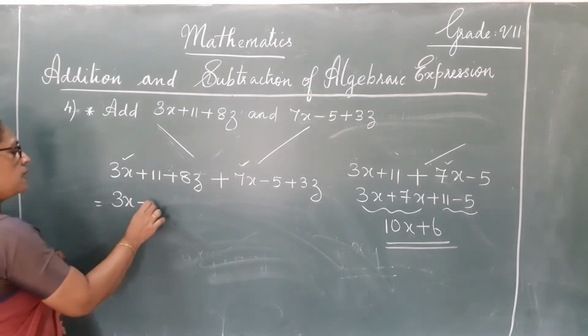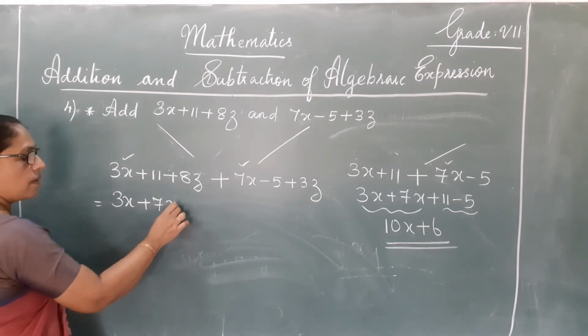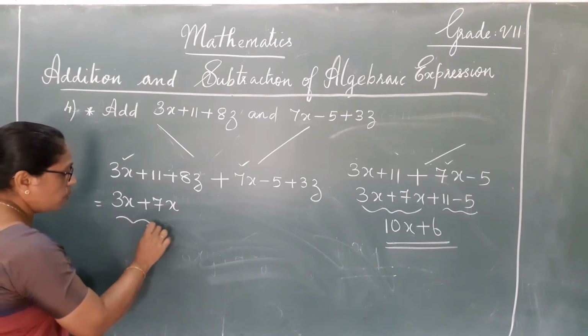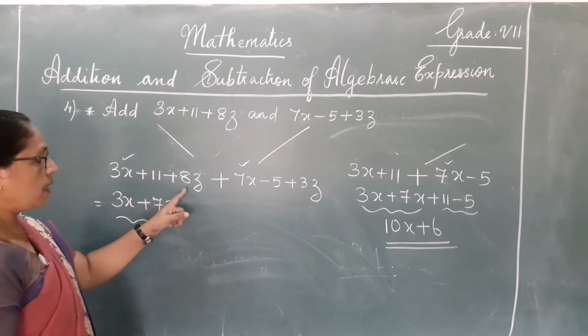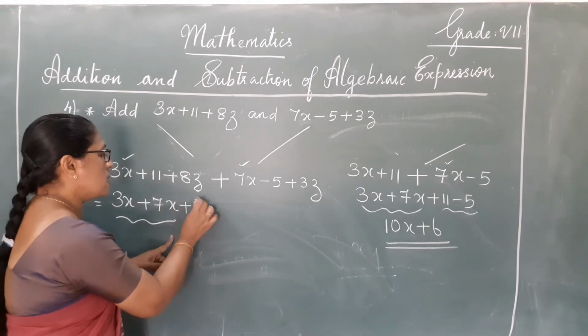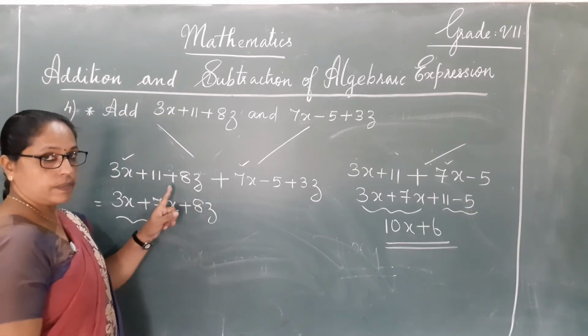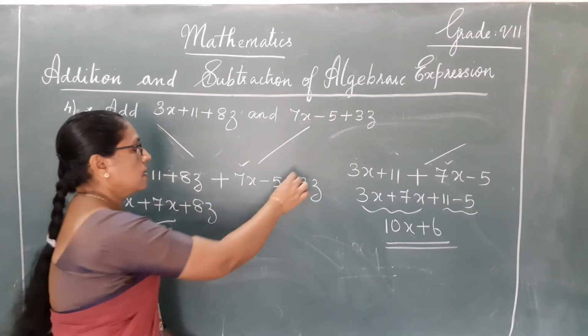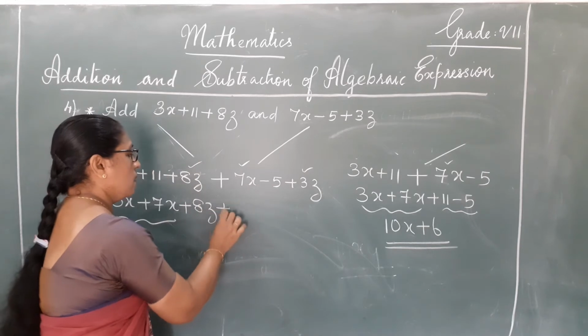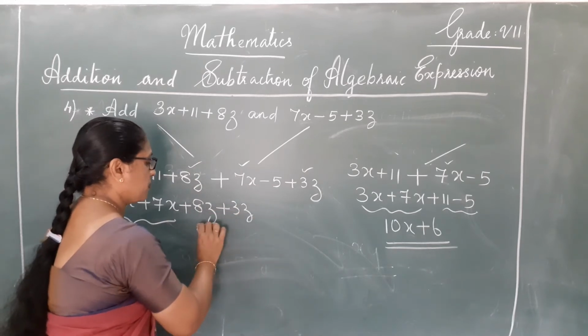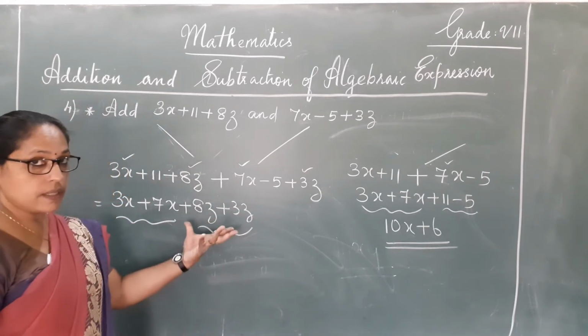So collect the like terms. 3x plus 7x, one like term, one group. Okay. Second one, 8z plus 3z, another like term group.